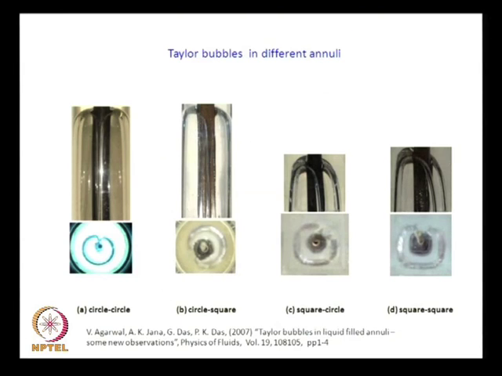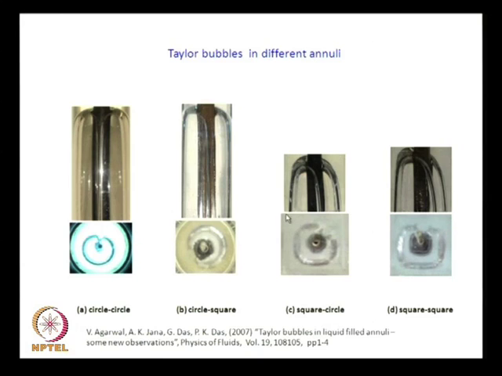The other thing, of course, we have shown for different types of bubble: circular inner rod, circular outer rod, square inner rod and so on and so forth. We have shown it for different circumstances. Okay. And we find that for all the cases the bubble is asymmetric.